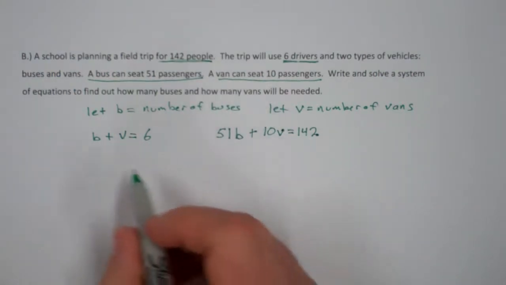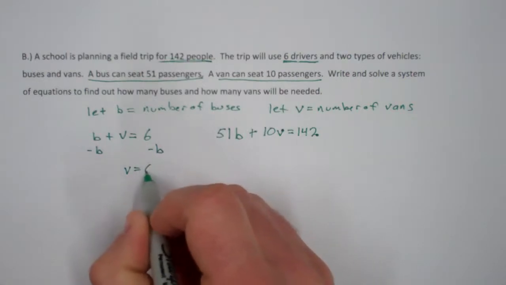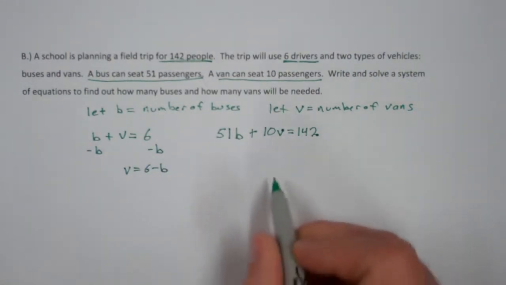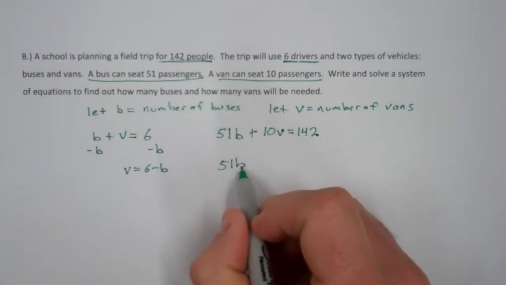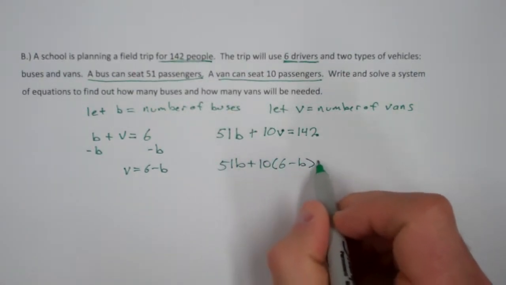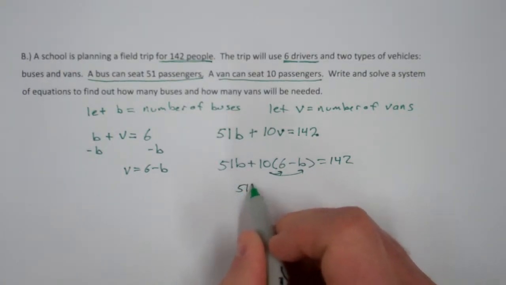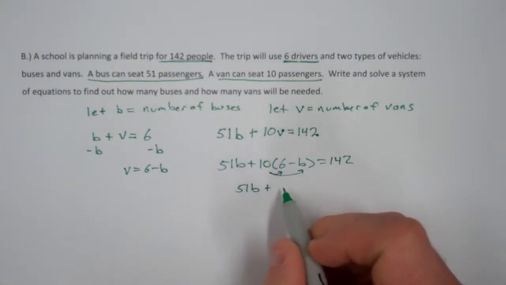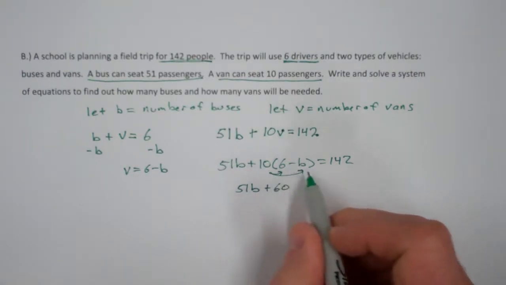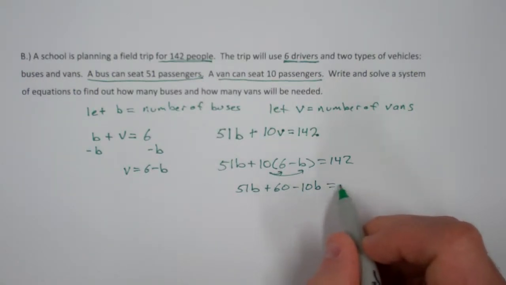So this is based on the people, and this is based on the vehicles right here. We're going to try to use substitution with this, so I'm going to subtract B here, and we get V is equal to 6 minus B. We're going to take the V out of this one, and substitute in what V is equal to, which is 6 minus B. We'll have to do a little bit of algebra here, so we've got 10 times 6, which is 60, and 10 times negative B is negative 10B.